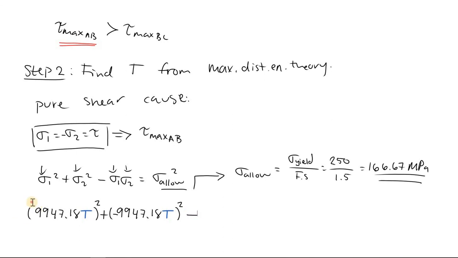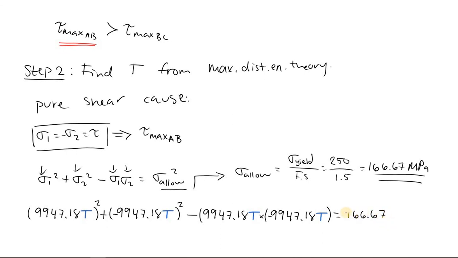Minus our principal stress 1 times our principal stress 2, which again, don't forget we need to add that negative sign in there, which will be equal to our allowable stress.